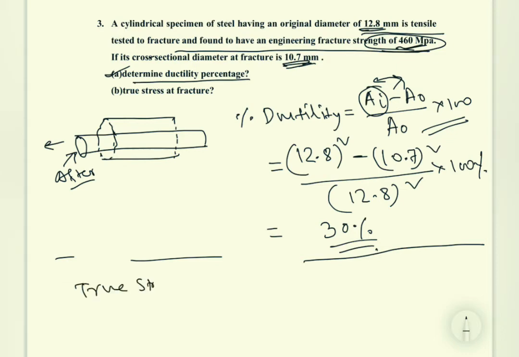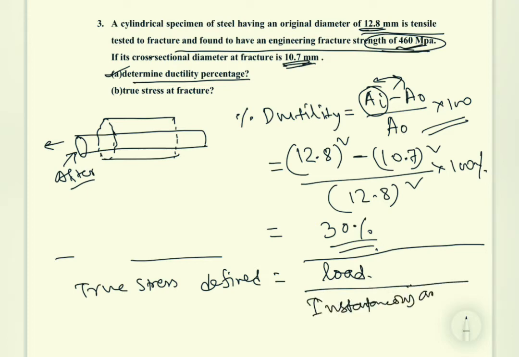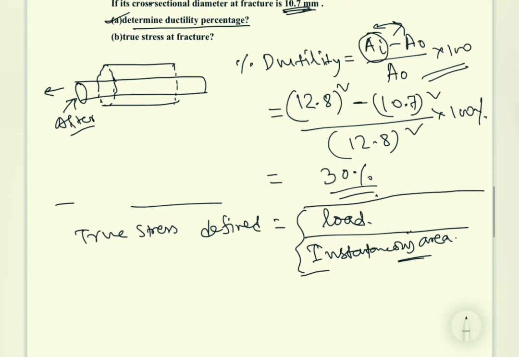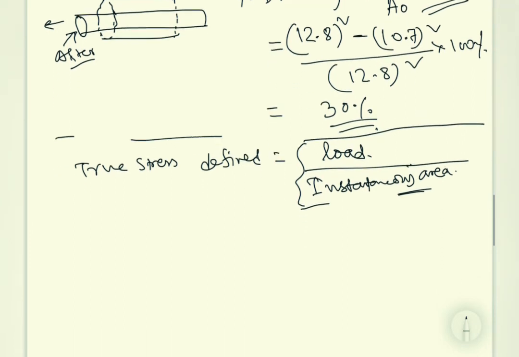True stress is actually defined as load at fracture by instantaneous area at fracture. Actually we don't take this instantaneous area, rather we simply take the initial cross sectional area, which is basically defined as the engineering stress. And this is the true stress.